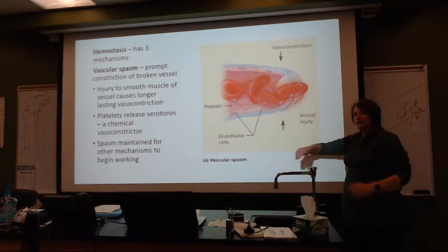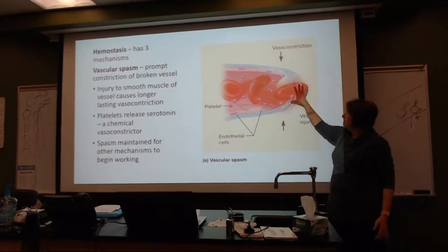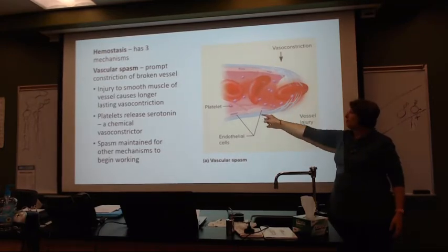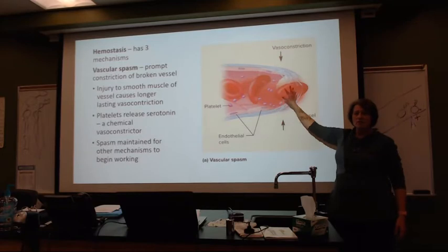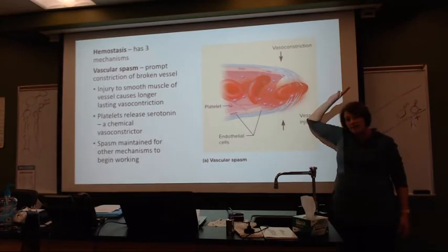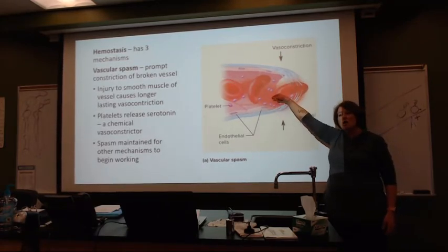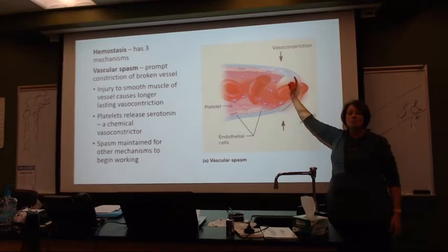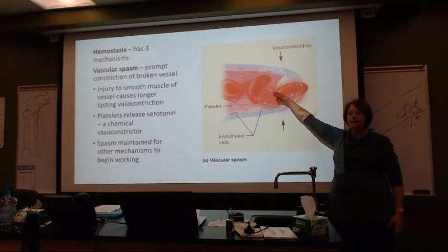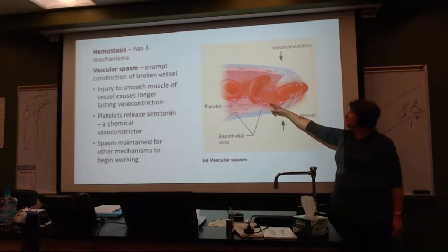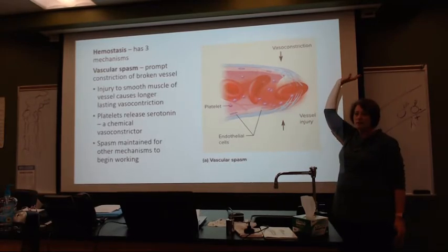Now, platelets, if this is the site of my injury, platelets are moving through the blood all the time. So are the other components of the blood. They're trying to show the red blood cells.